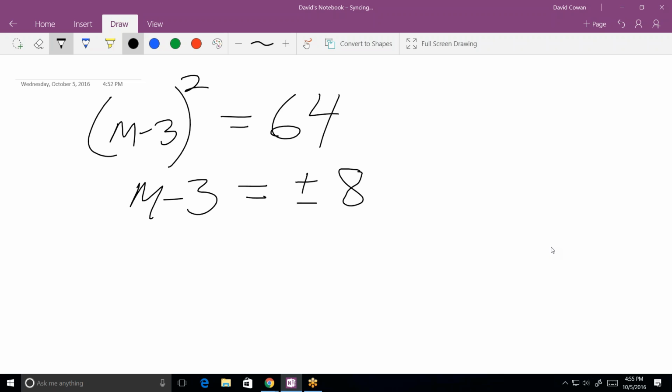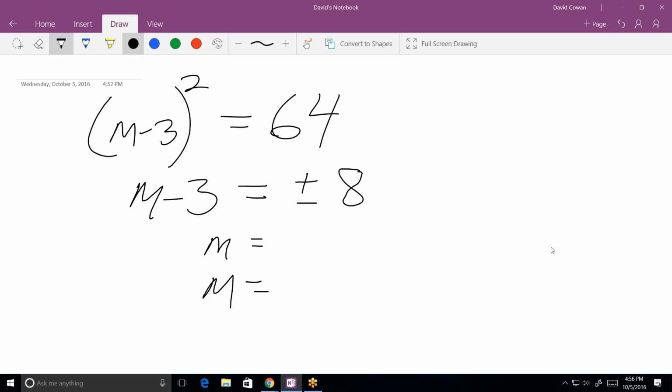So now I'm looking at m minus 3 equals plus or minus 8. We started with a quadratic, so we would expect two solutions. What are my two solutions? One will be minus 8, right?